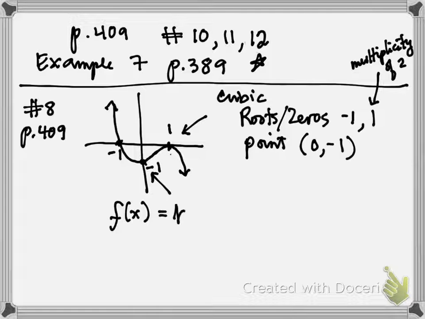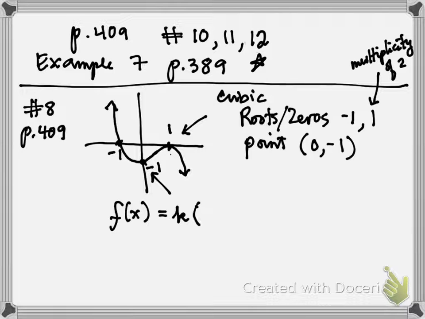Now this k, if it is positive or negative, would determine the shape of my graph. And if this k is a number other than 1, then that will also tell me whether my graph will be stretched or compressed.